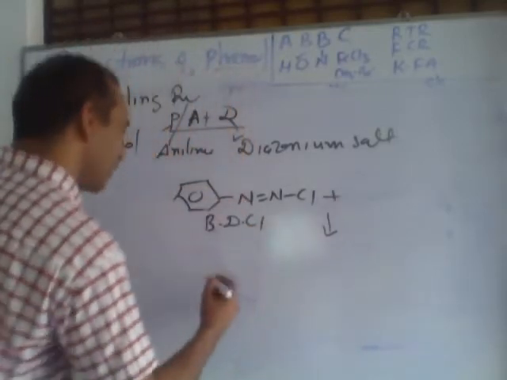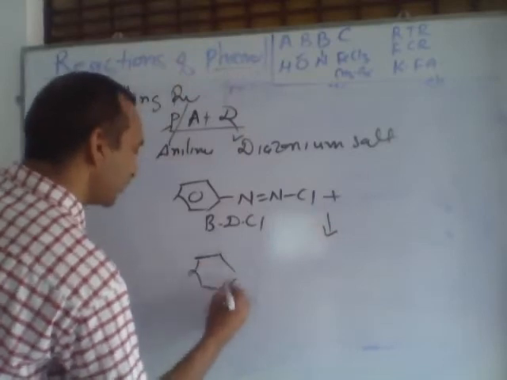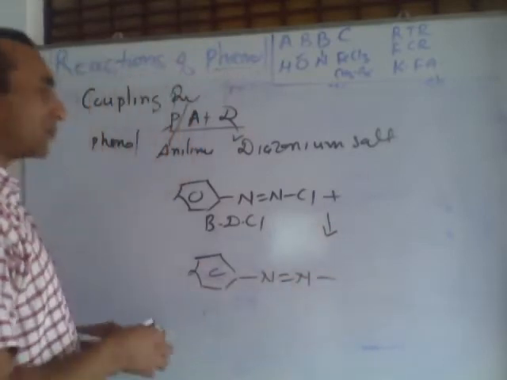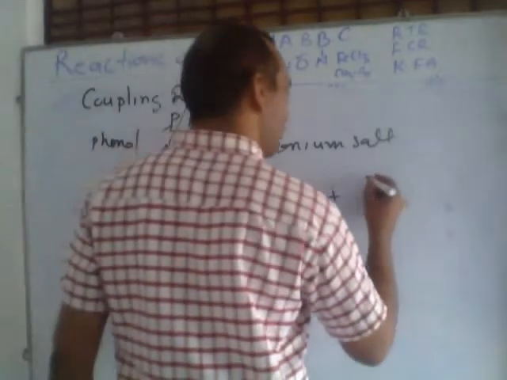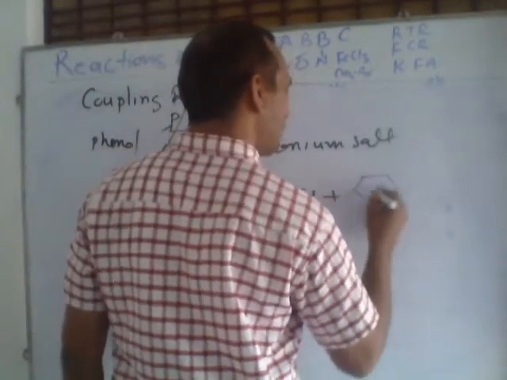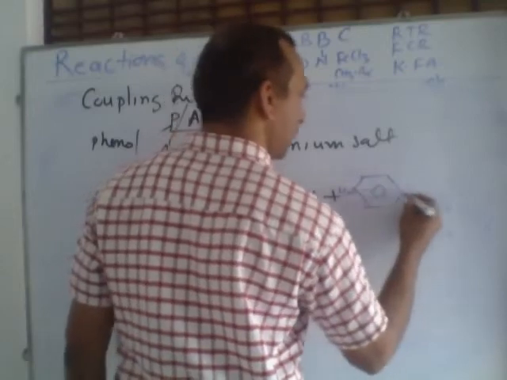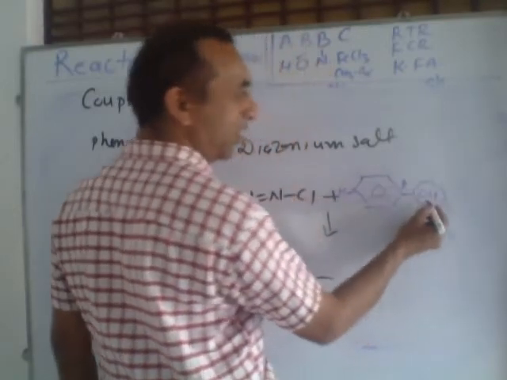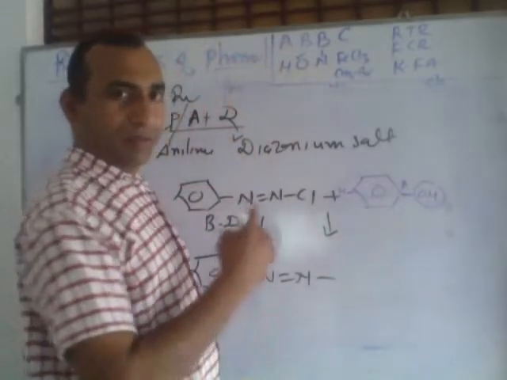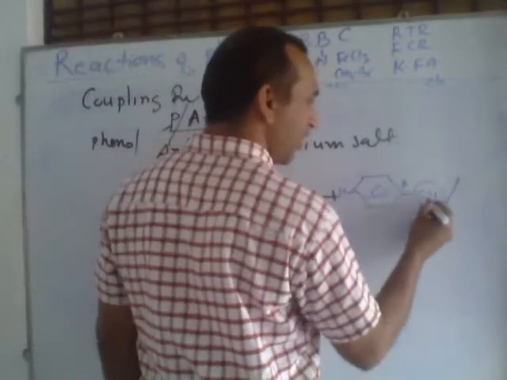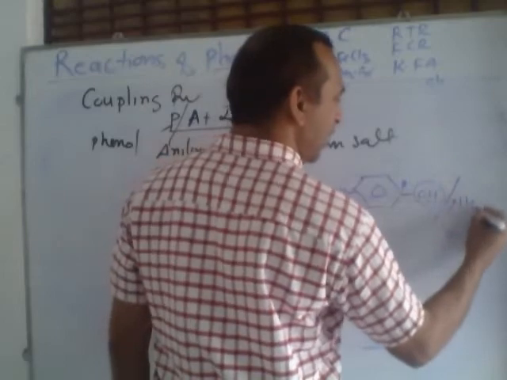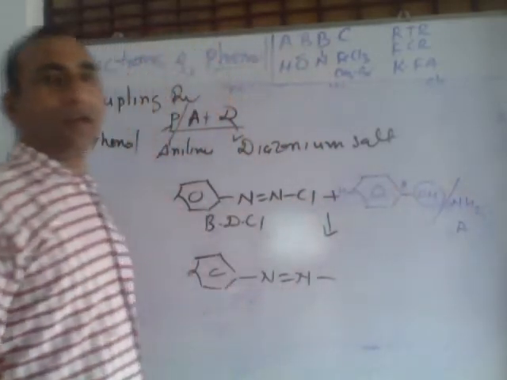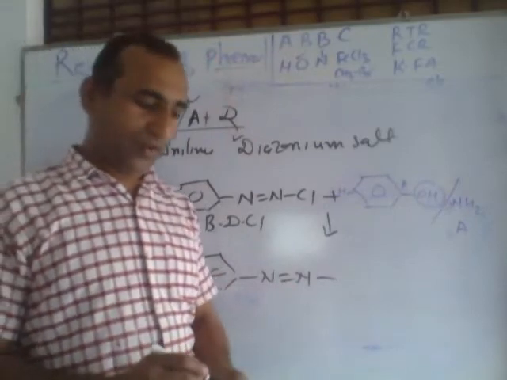So after the reaction, which type of compound will form? Observe. If on the para position you are using OH, the compound is called phenol. If instead of OH you write NH2, the compound is called aniline.